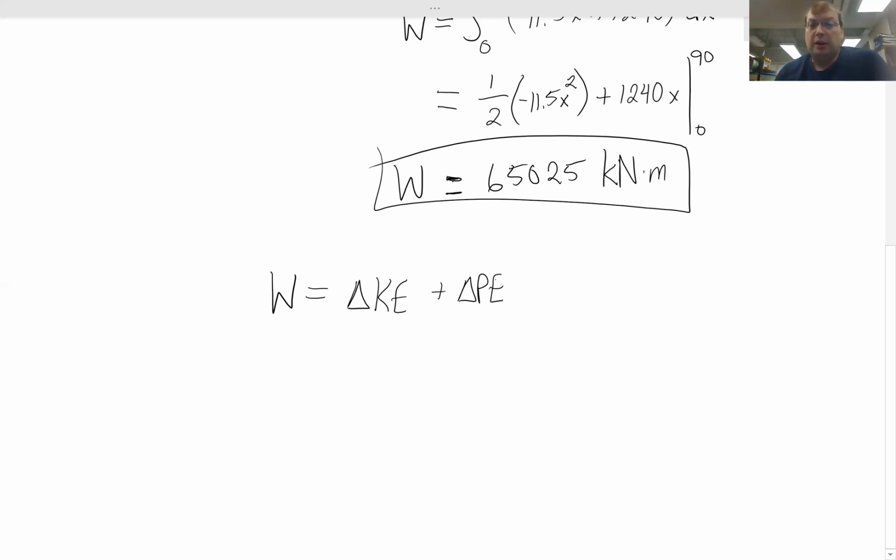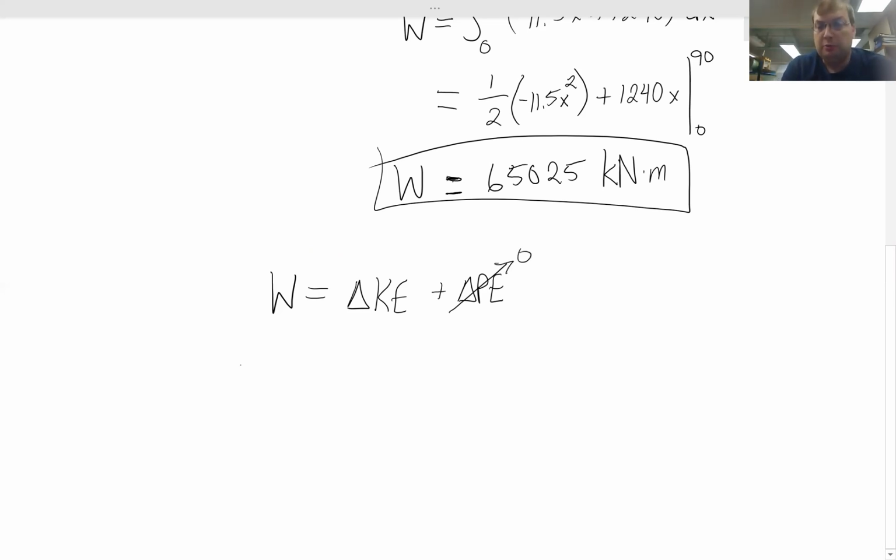Since we're talking about an aircraft carrier and we're assuming it is at a proper level position, we're going to assume that the height of the plane does not change as it's being catapulted off the runway. So our potential energy is equal to 0.